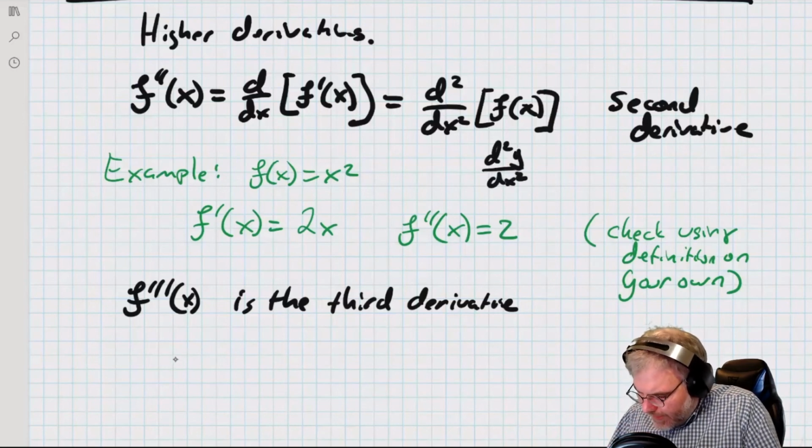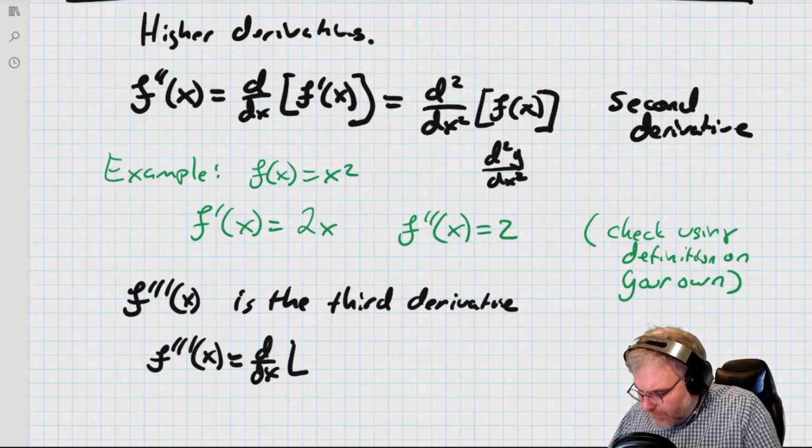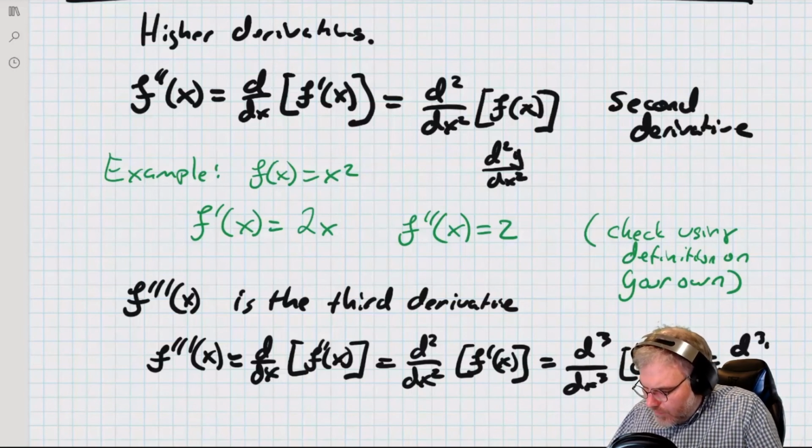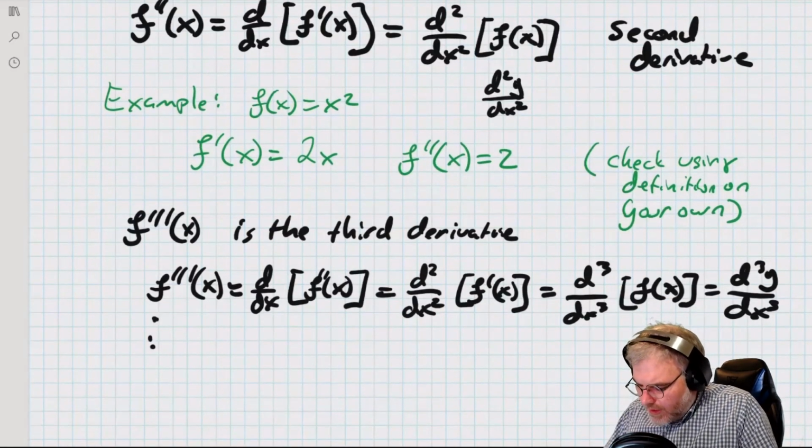This would be stuff like the third derivative, so f triple prime of x equals the derivative of f double prime of x, which equals d squared over dx squared of f prime of x equals d cubed over dx cubed of f of x equals d cubed y over dx cubed. All different notations, and they go on and on and on.